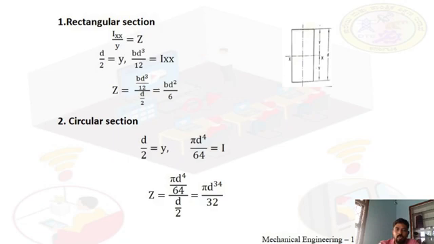Z is equal to pi d to the power of 4 divided by 64 over d by 2. Finally the answer is pi d cube by 32. Sorry, that was a typing mistake. Z for a circular section is pi d cube by 32.